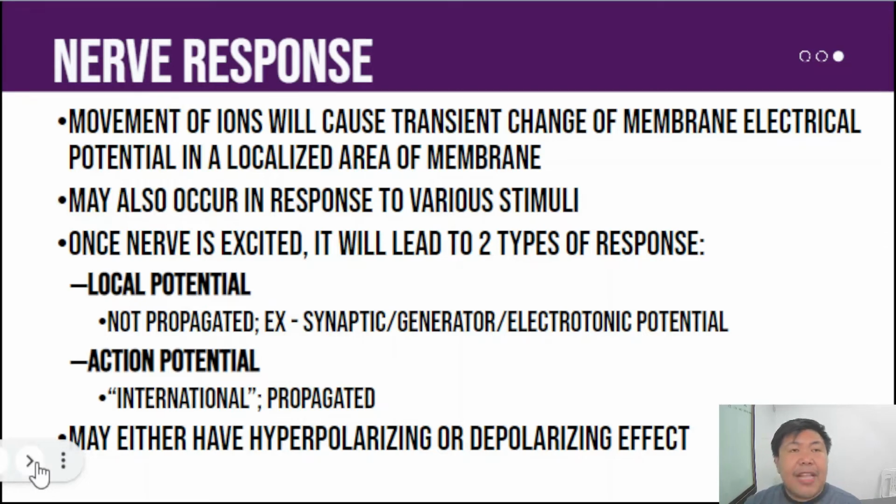Okay? If there will be the movement of sodium from outside to inside, no? Magkakaroon ng pagbabago doon sa charge because if sodium will come in, then what will happen to the negative 94 millivolts? Sige nga. If sodium will get inside the cell, what will happen to your negative 94 millivolts?